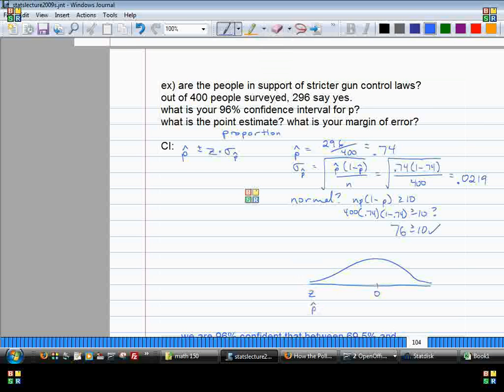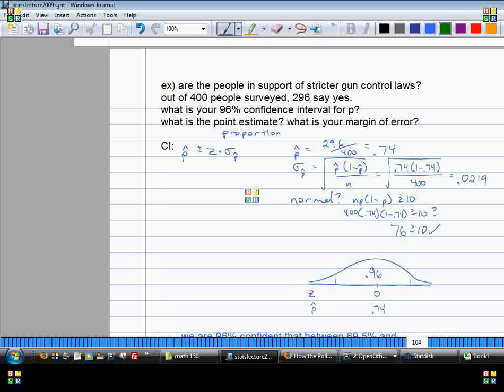I'm sorry? Where's 0.74 go? Underneath the zero, middle for p hat. Okay, and what else? And so where does 0.96 go? It's the middle area, right? Okay. And so now we can start to figure stuff out.